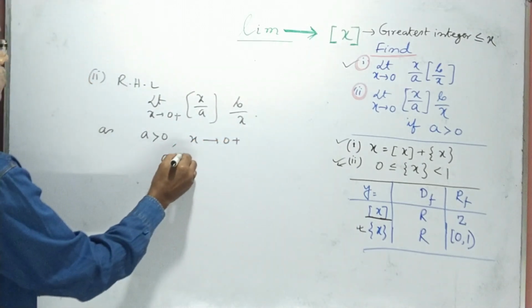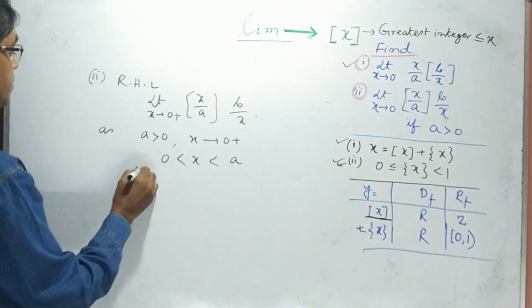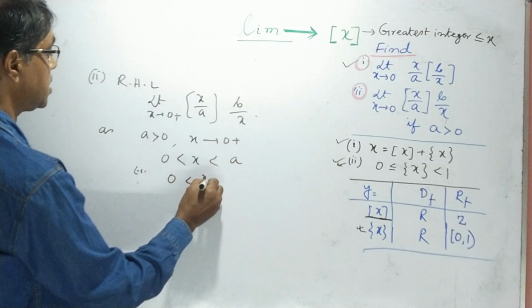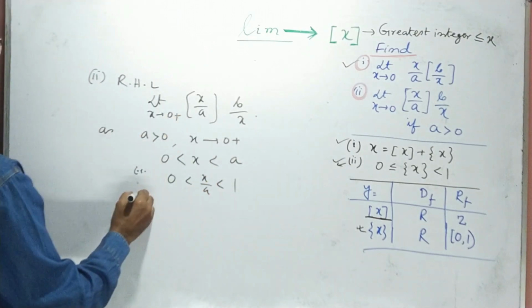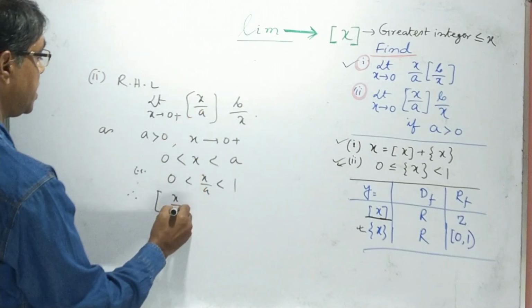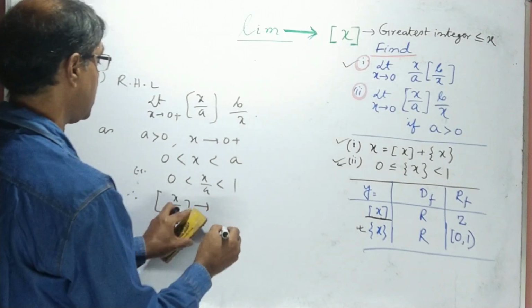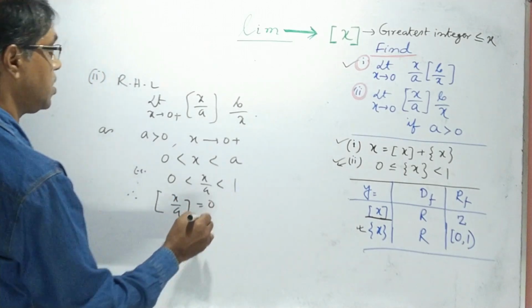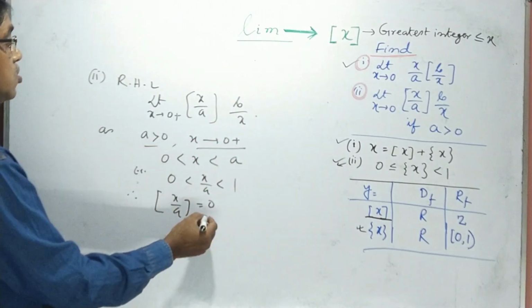Therefore 0 less than x less than a, that is, 0 less than x by a less than 1. Therefore the greatest integer of x by a must be 0, as x tends to 0 plus and a greater than 0.